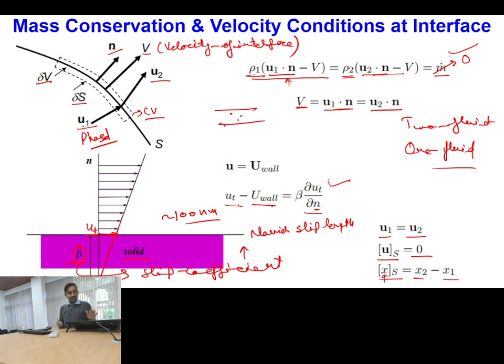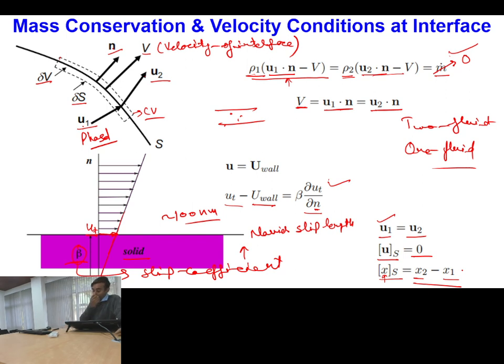Generally, when we look at the interface from a macroscopic perspective, the tangential velocity of the interface will be the same for both phases. But when we look from the microscopic perspective, we may have to use the Navier slip model to define the difference of velocity between the two phases along the interface. Is this clear? Are all clear with this idea?